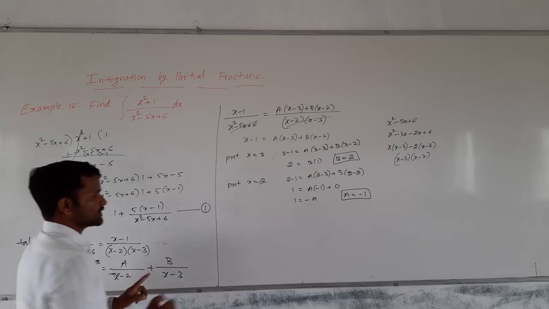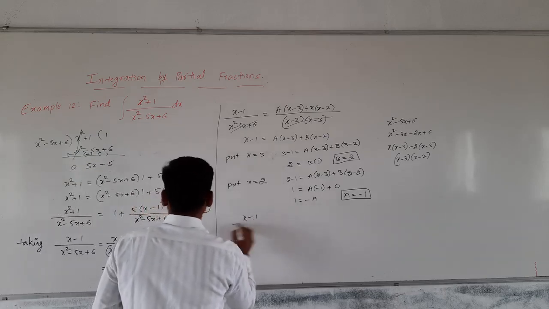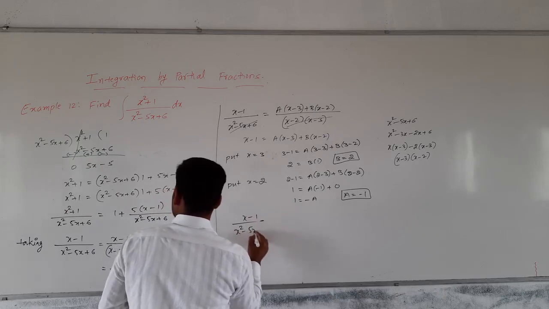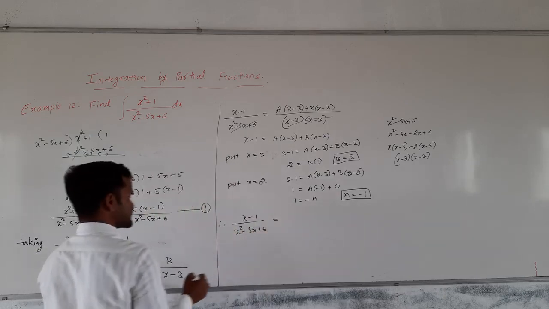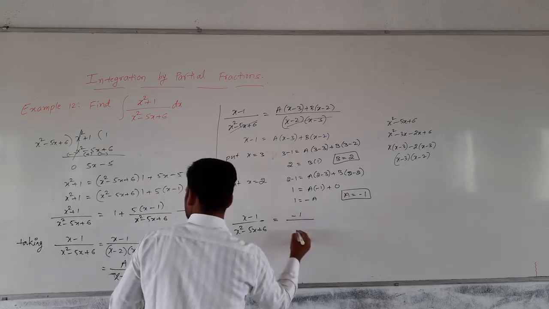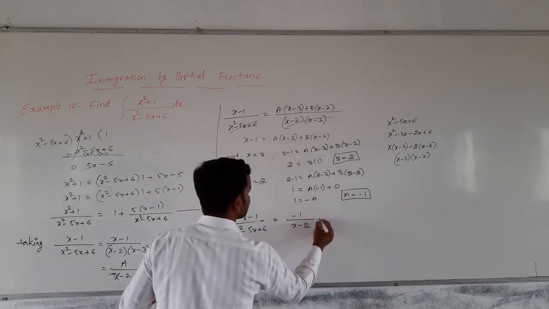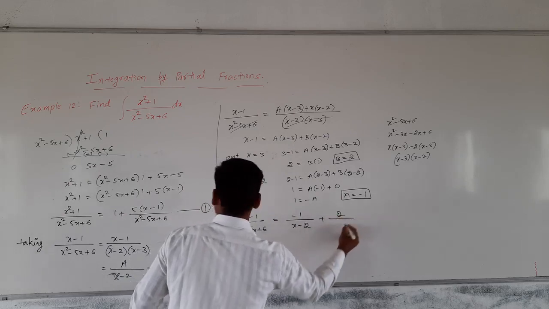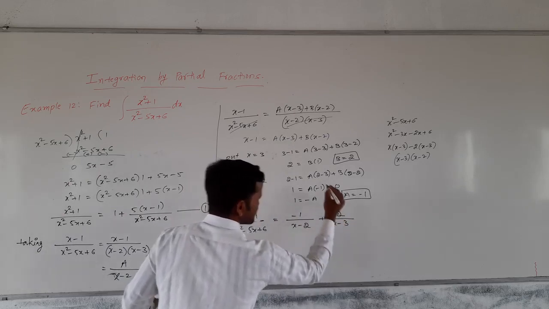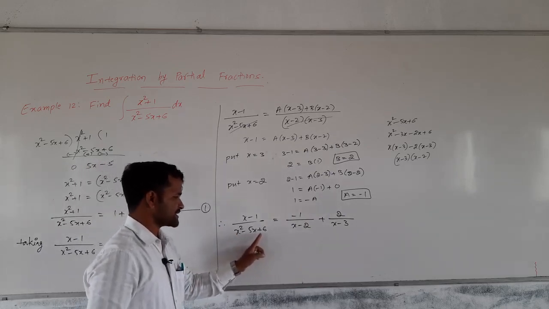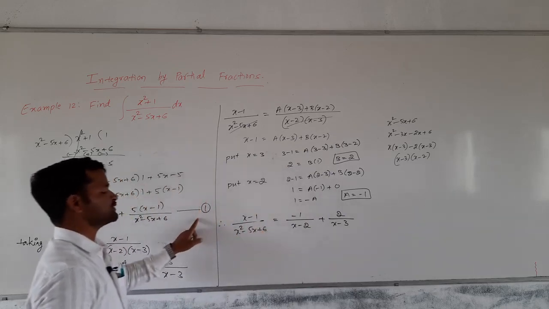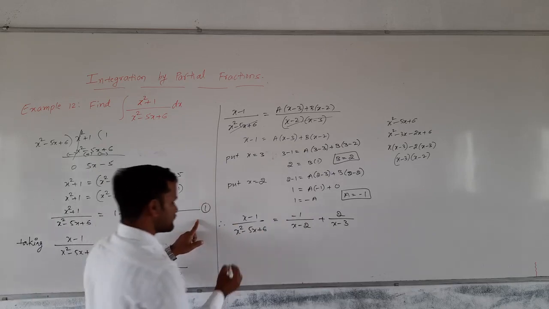Therefore I am using this expression, a is minus 1, so minus 1 by x minus 2 plus b value is 2, 2 by x minus 3. Now this value of x minus 1 by x square minus 5x plus 6 we will substitute in equation 1.